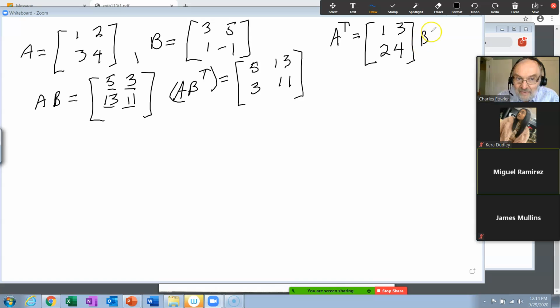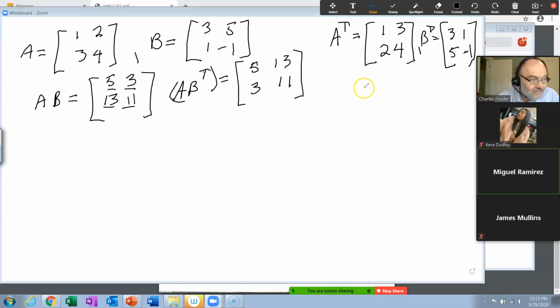What's B transpose? You tell me. 3, 1, you exchange the rows and the columns. That's what the transpose is. So it becomes 3, 1 as your first row, because that was your first column here. The second row here will be the second column here, 5, minus 1.